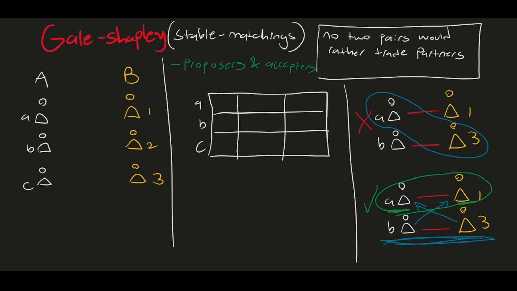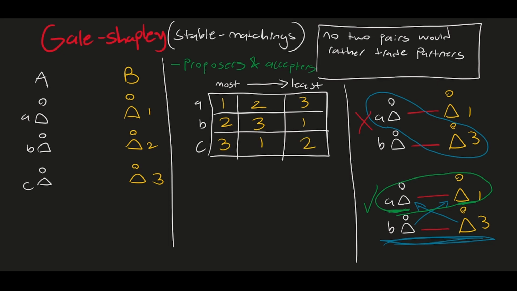Let's say A prefers 1, 2, 3, from most to least preferred. Then 2, 3, 1, and then 3, 1, 2.